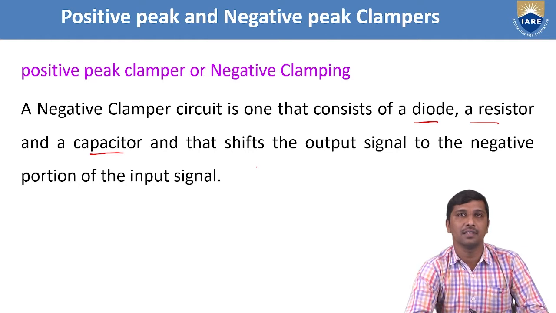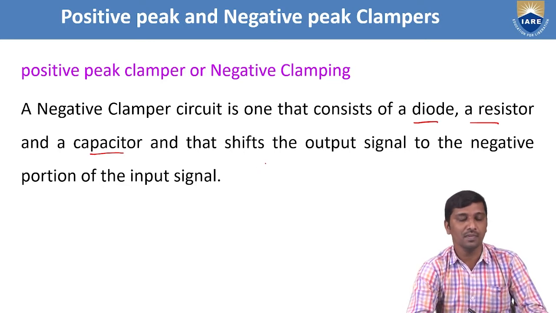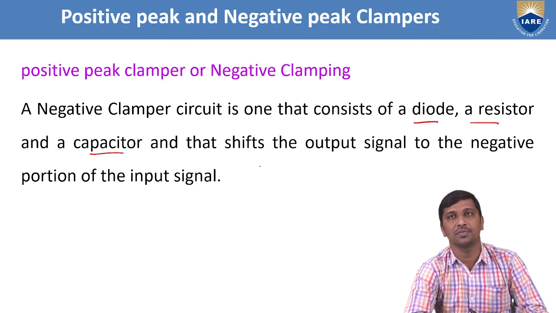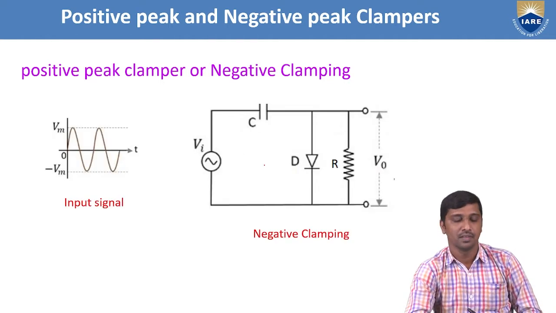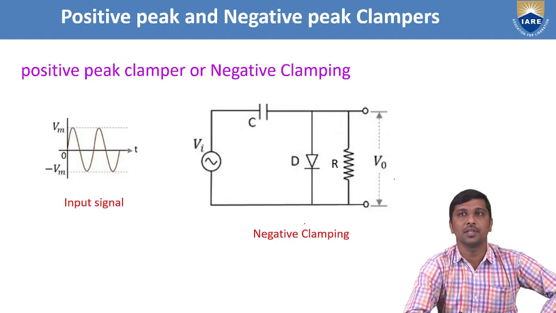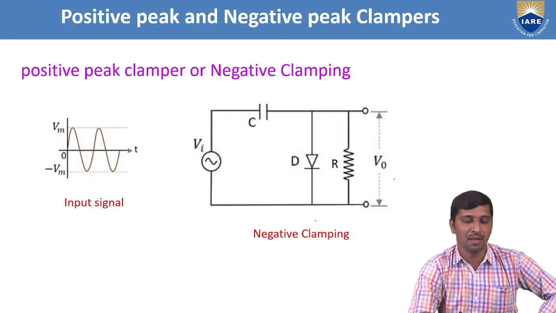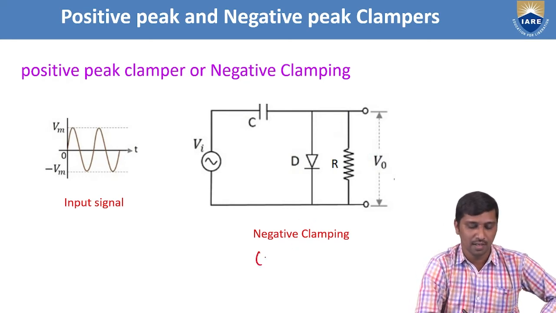That is the reason this type of clamping circuit is called a positive peak clamper or a negative clamping. Now let us consider this is the circuit for a negative clamping, also called a positive peak clamper.